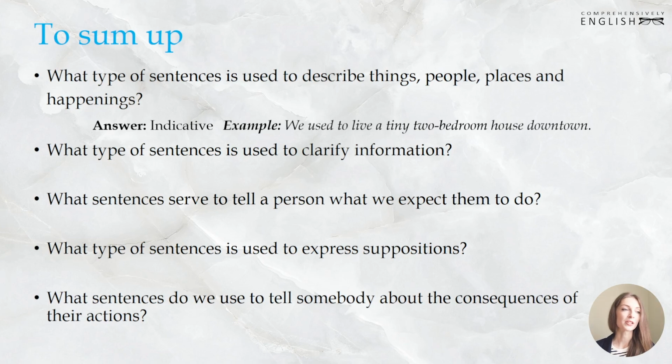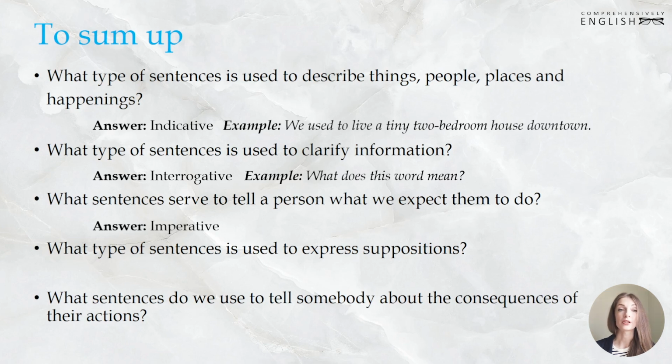What type of sentences is used to clarify information? The answer is interrogative. For example, what does this word mean? What sentences serve to tell a person what we expect them to do? The answer is imperative. For example, take the dog out with you.